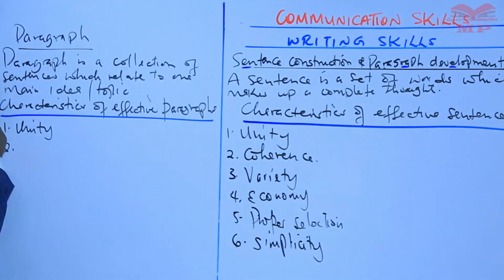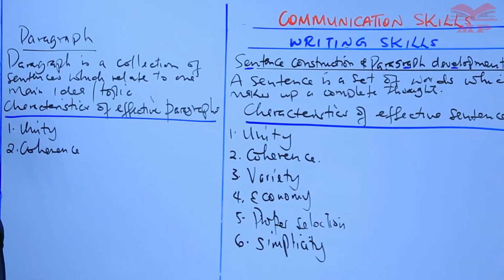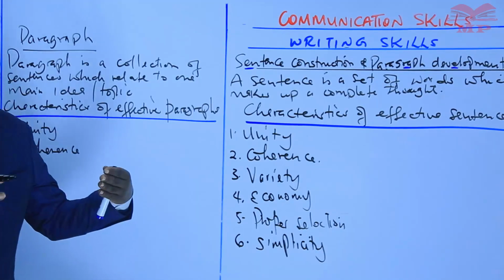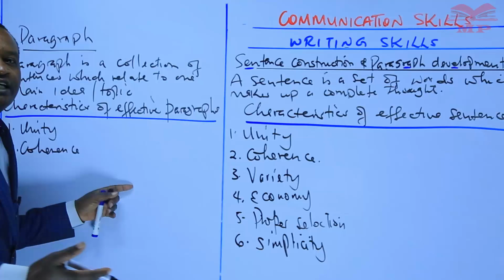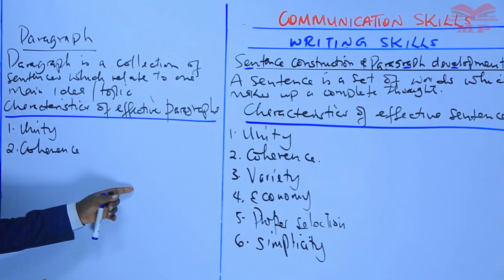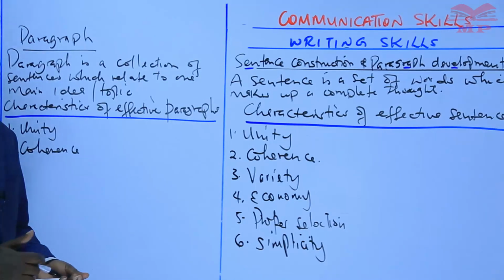The second characteristic, coherence. Coherence, to cohere. Now, coherence in the context of a paragraph refers to the extent to which the flow of ideas in a paragraph is easily understood by the reader. And for that reason, coherence is closely related to unity.